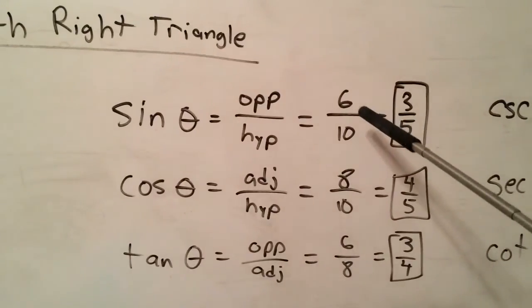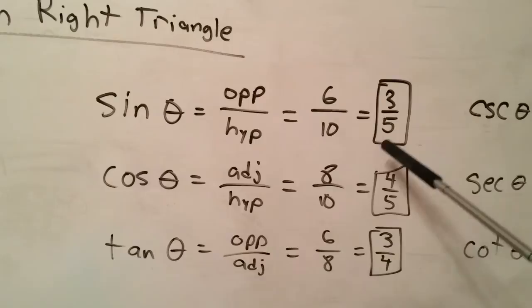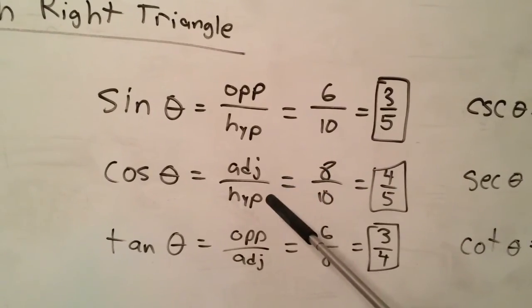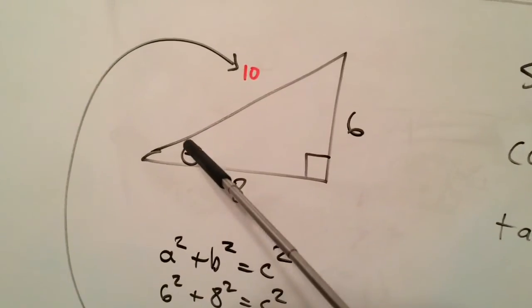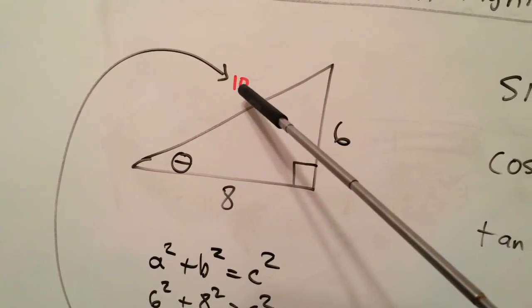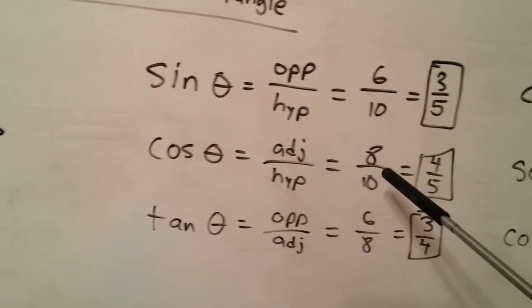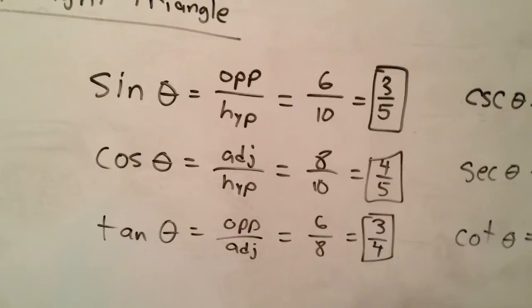Therefore, we have 6 over 10, which reduces to 3/5. Cosine is adjacent over hypotenuse, which on the triangle, the adjacent side to this angle is the 8, the hypotenuse is 10, and therefore cosine is 8 over 10, which is 4/5.